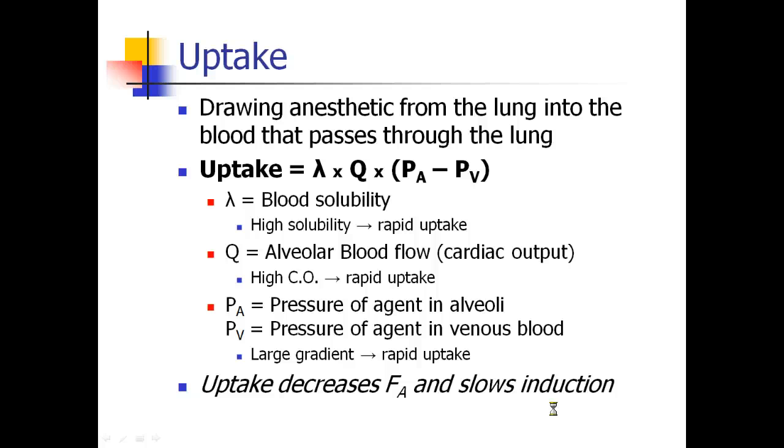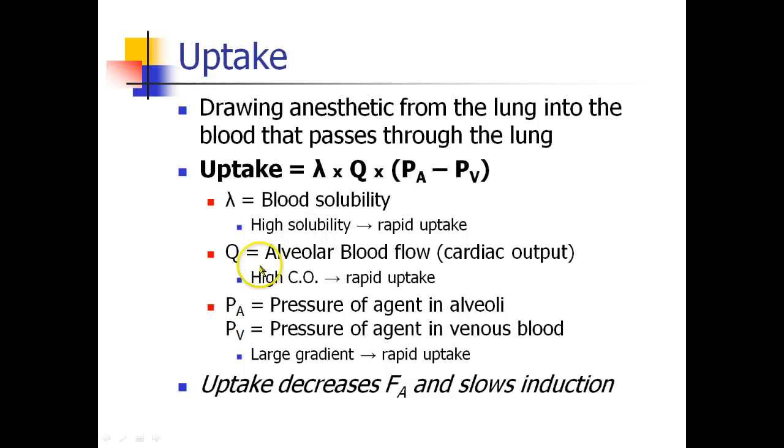Uptake specifically, again, is moving anesthetic from the lung into the blood of the lung. Uptake is defined by three things that you must know: solubility, blood flow, and the gradient between the pressure of agent in the lungs and the pressure of agent in the blood. Solubility we've discussed. When an agent is very soluble, it is taken up rapidly because it would rather be dissolved in the blood, wouldn't it?